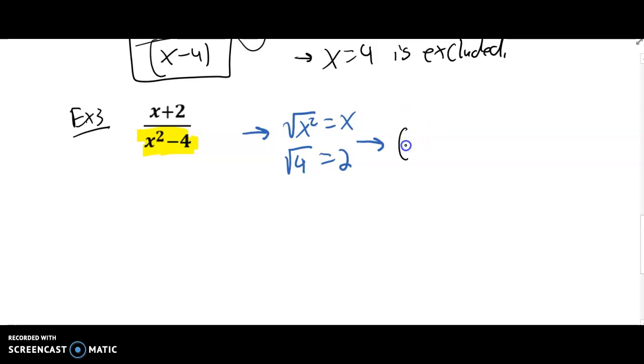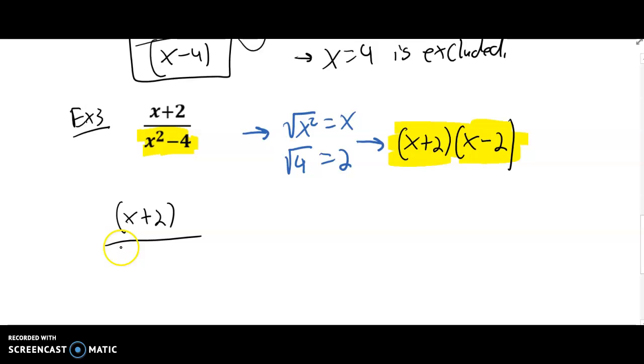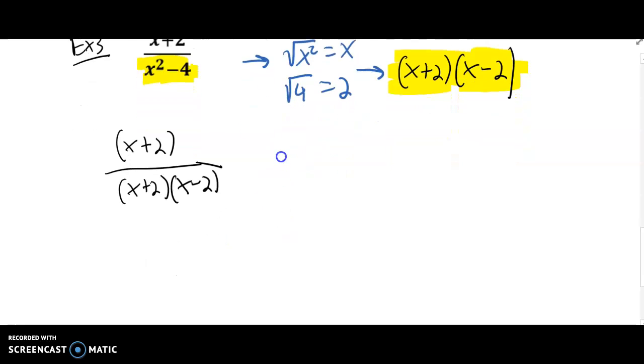So I get x plus 2, x minus 2. Yellow with yellow, let's plug it back in. Remember, they're the same expression. Now I have x plus 2 over x plus 2, x minus 2. Okay, the x plus 2's will cancel.